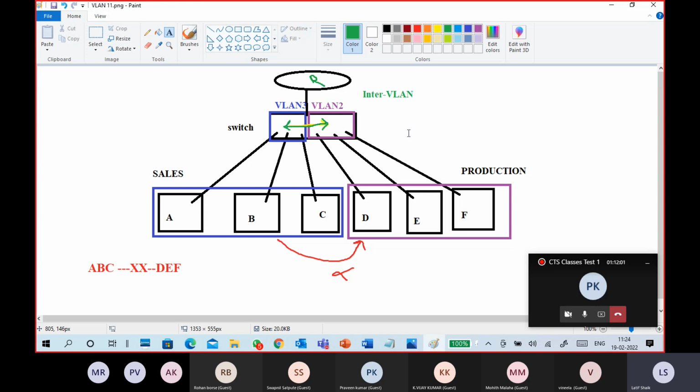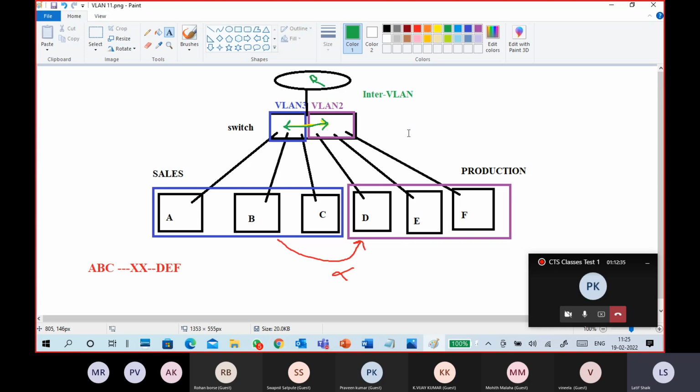For example, an admin department should communicate with all the departments, like EC, EEE, mechanical and civil. Admin can communicate with all other departments, but mechanical people should not communicate with civil, computer department should not communicate with mechanical or electrical.